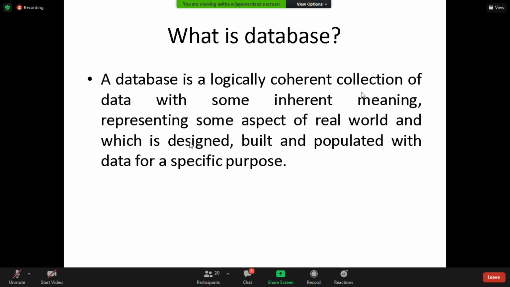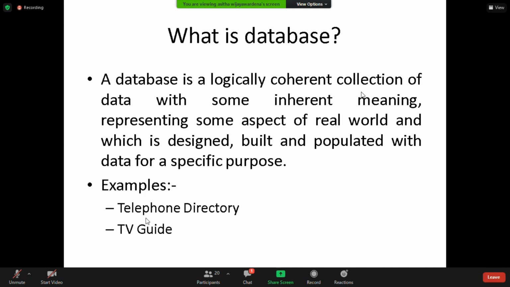You are treated as two different objects in the database. Their specific purpose is also different. In the university system, you are going to get education, and in the hospital system, you are supposed to get treatment.